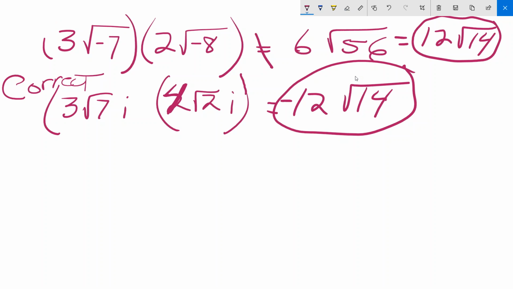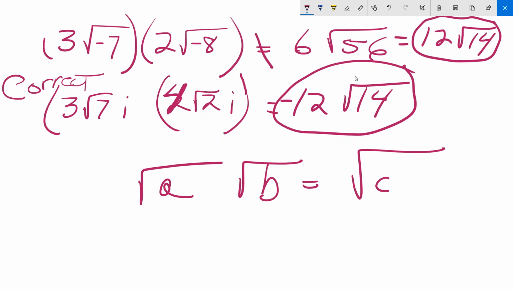In other words, they've taught you for a long time that this is equal to this. Well, not when A and B are negative, it isn't. When A or B are negative, you've got to turn it into the imaginary number first, and then operate with it. Okay, what else you got?